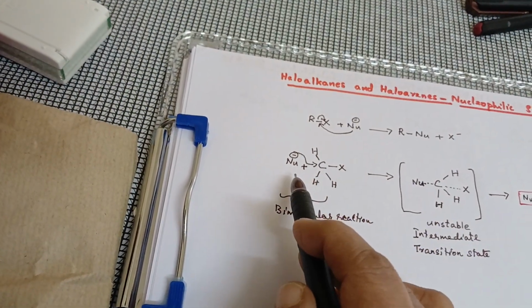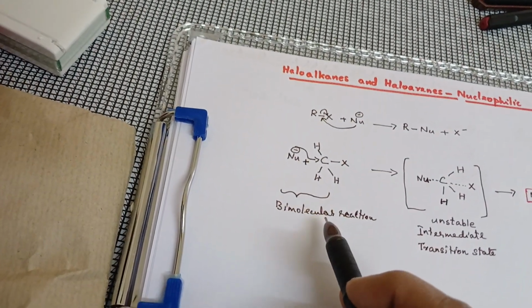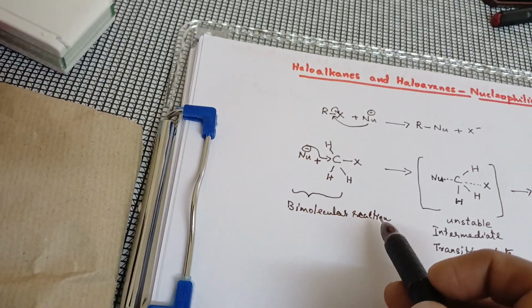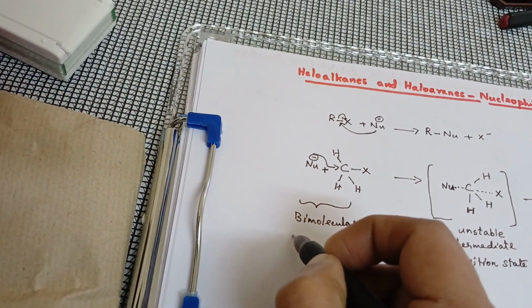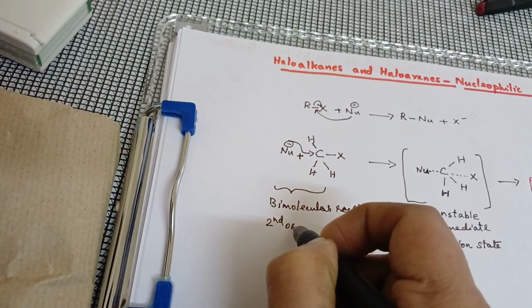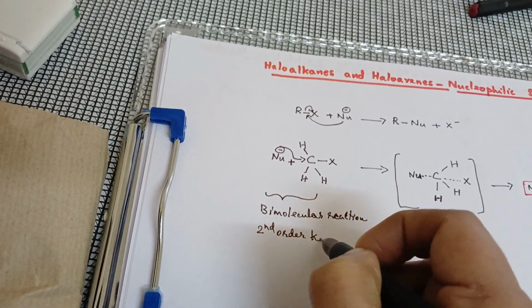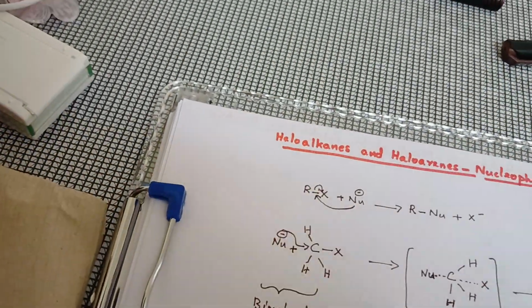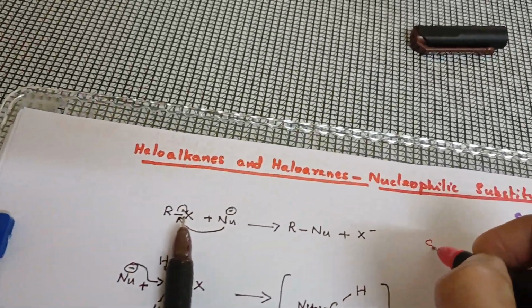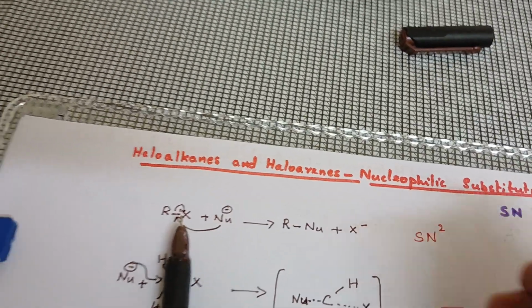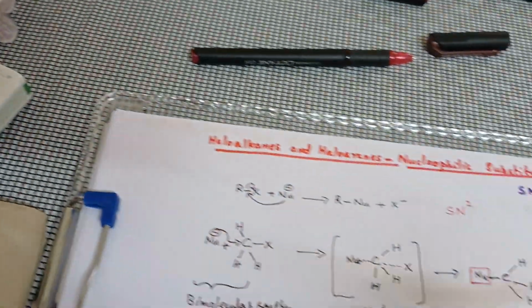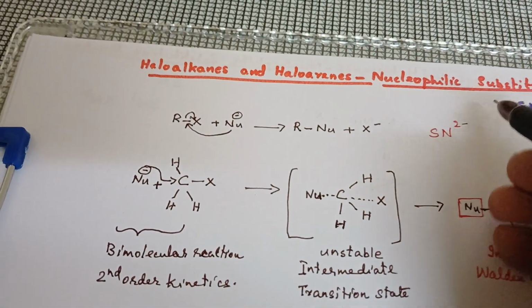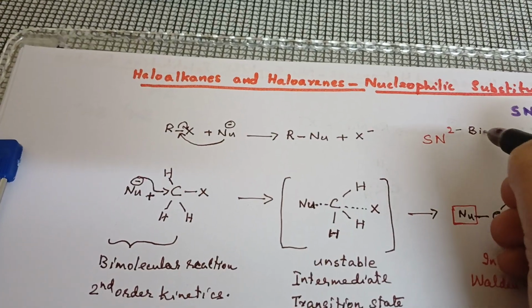Now, since two molecules are taking part in this reaction, you call it a bimolecular reaction, and this follows second order kinetics. Now that is why we call this SN2 reaction. That is because it is taking place in one step, but it is a bimolecular reaction.